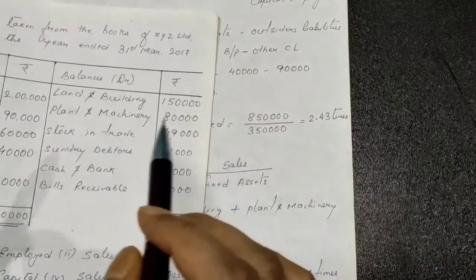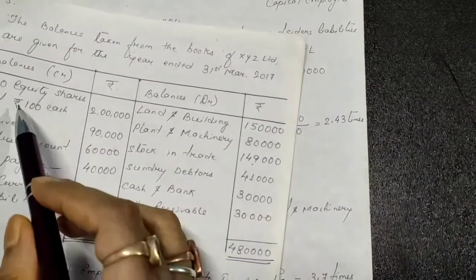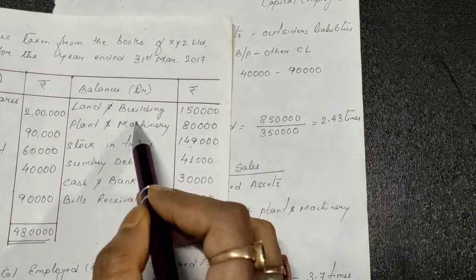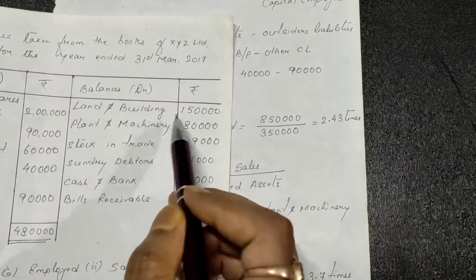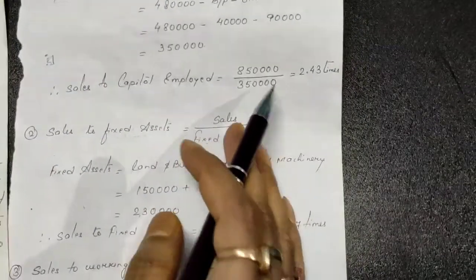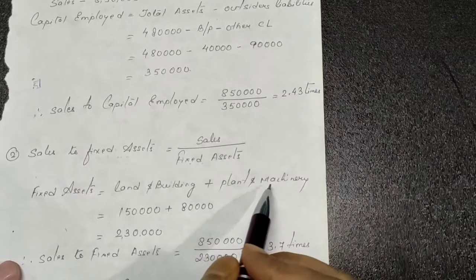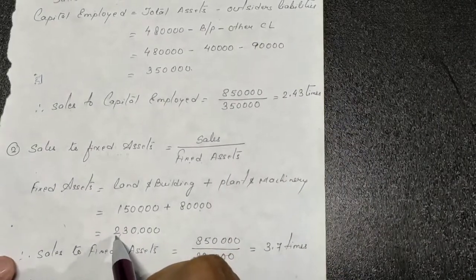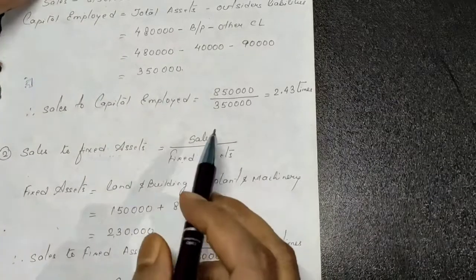See the question. This is your asset side, this is your liability side. Basically it will come from asset side. These two are your fixed assets, land and building, plant and machinery. So the amount here is 1,50,000 and 80,000. So that is what I wrote here. You see, land and building plus plant and machinery, I wrote the amount accordingly. After adding, we got 2,30,000.